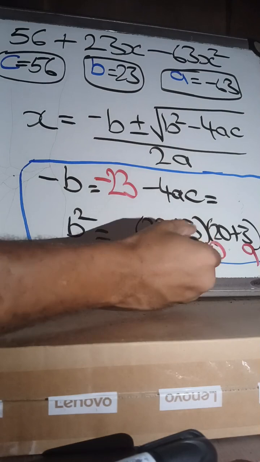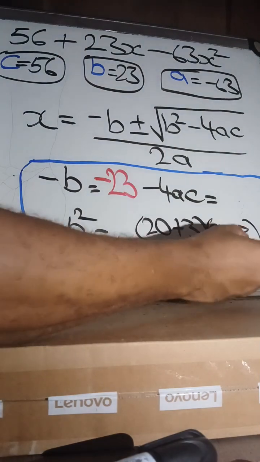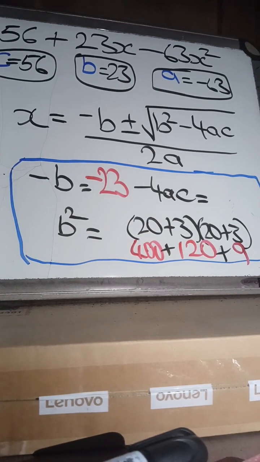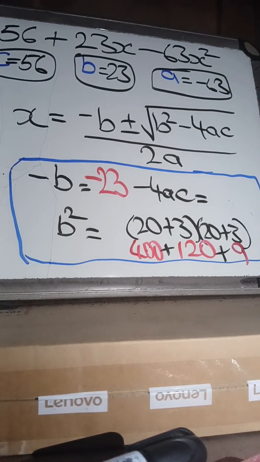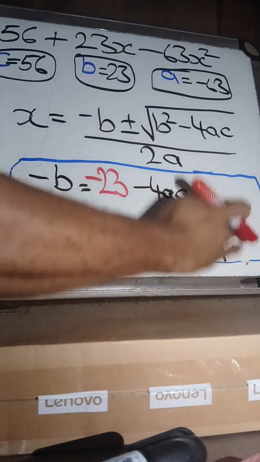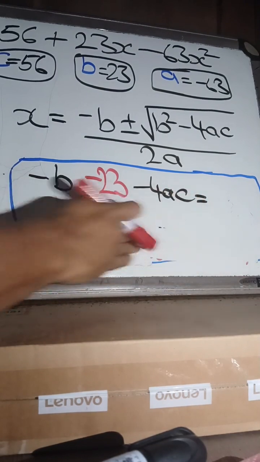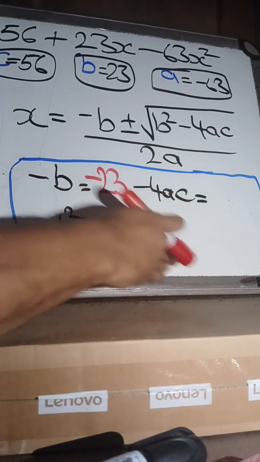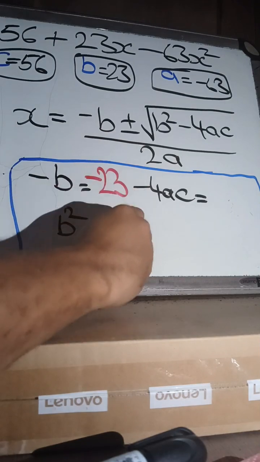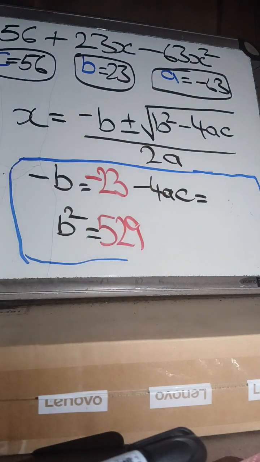Right? So if you add up all of this, let me just move this again, just a little bit. So therefore, the square of 23 is going to be 529. Right? So we confidently say that is 529. And we can always double check that with the calculator and so on.